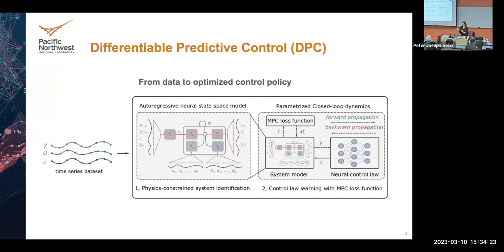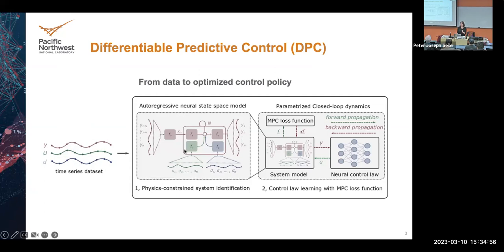So my talk is going to be all about this, how we started, what motivated us, what we can do for the system identification part, how we synthesize controllers, and how we start looking at stability and safety guarantees for these types of controllers. But the bottom line is we wanted a method that would take us from data to control policies. And the data is something you can measure from a system that you're interested in controlling.